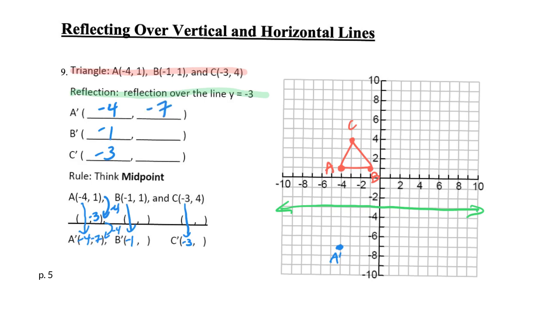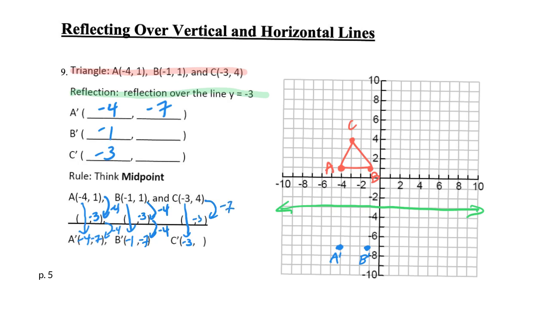I'm going to do the same thing for B, right? I know that I'm trying to get from 1 to -3, which is the y value for my central line. So that's another subtracting 4. And if I subtracted 4 to get from my pre-image to my central line, I'm going to subtract 4 from my central line to get to my image point. And so that's going to be -7. And so that's my next point, -1, -7. I'm going to plot it as B prime. And then finally, to get from 4 to -3, I subtracted 7.